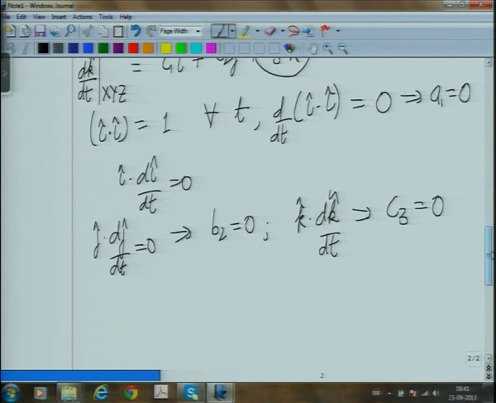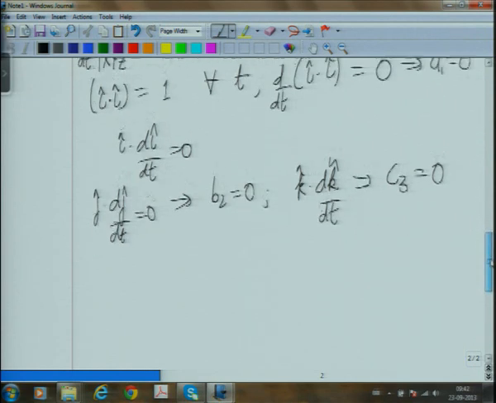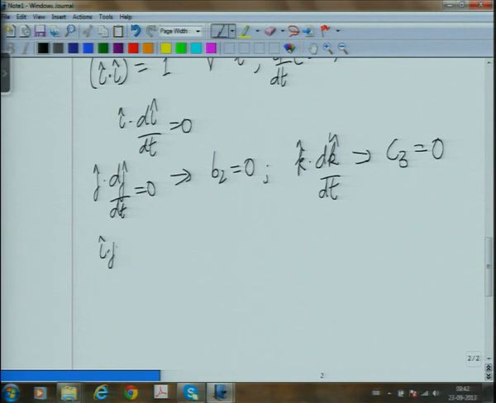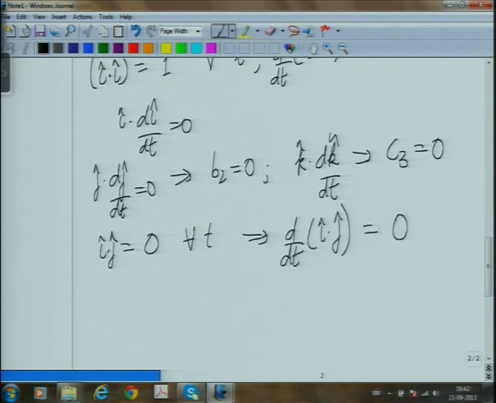Do I have more relations between these? i dot j will always be 0 for all time. So I have i dotted with j is equal to 0 for all times. So that means d by dt of i dotted with j, from whichever frame you look at it, this will be 0.